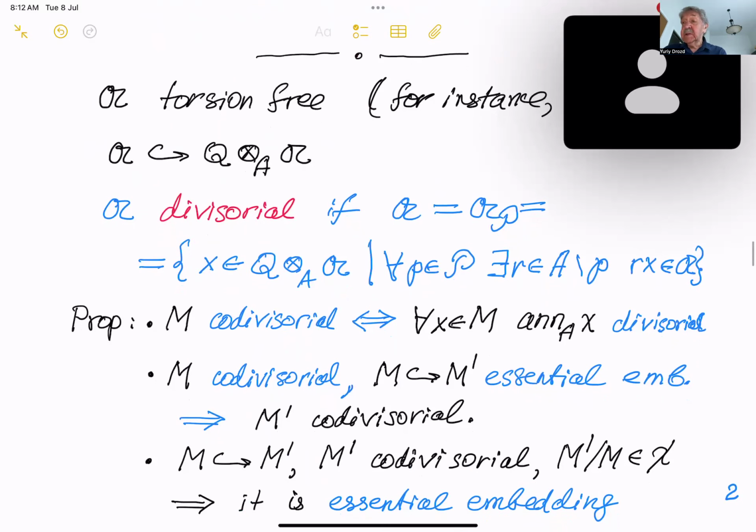It is more or less clear. And on the contrary, if M is embedded in M' such that M' is codivisorial and the quotient of M' by M is in X, then it is an essential embedding.